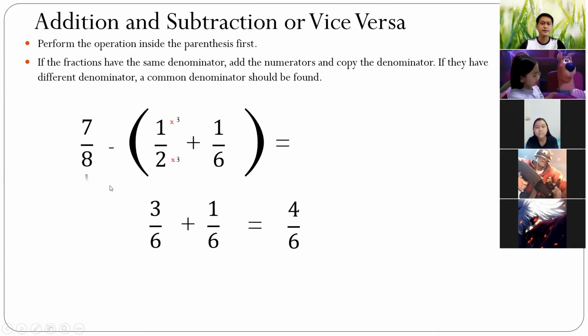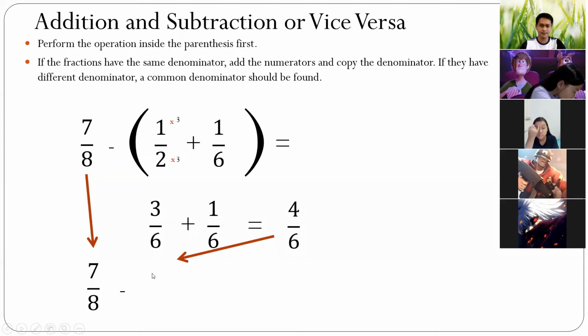So let's rewrite 7/8 minus 4/6. Can we subtract 7/8 minus 4/6? No. So we need to find again a common denominator.